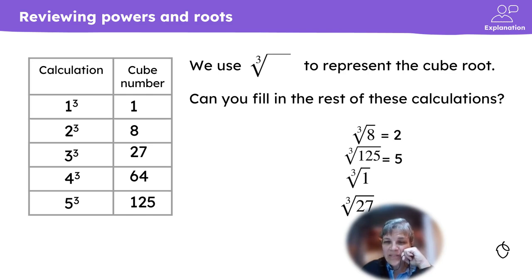Can you fill in the rest of these calculations? Take a couple of minutes, say them together. Pause the video. Okay, welcome back. Cube root of 1 is 1, cube root of 27 is 3.